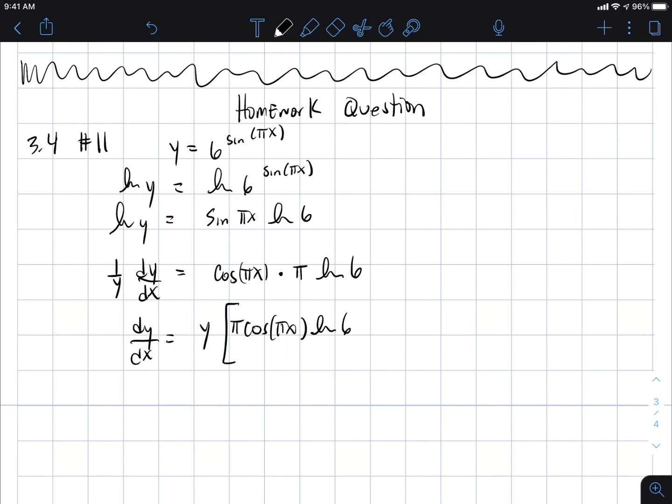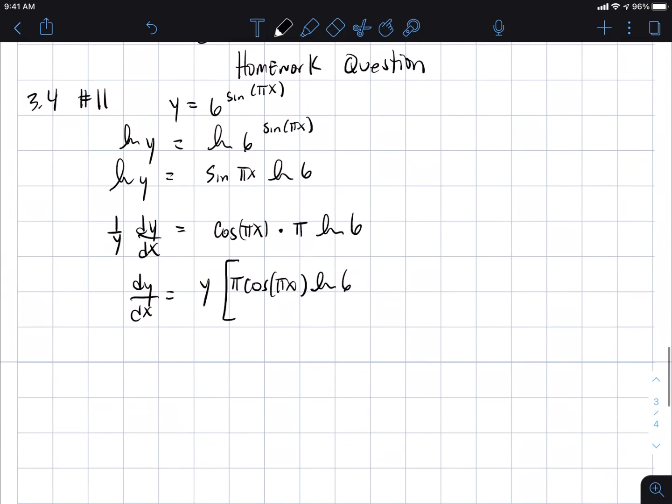Agreed? Agreed. So then all I have to do now is substitute that y for what it originally was. In fact, I can make it cleaner. And there's your answer.